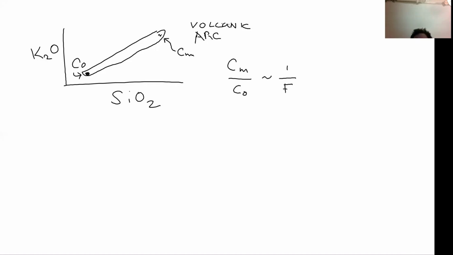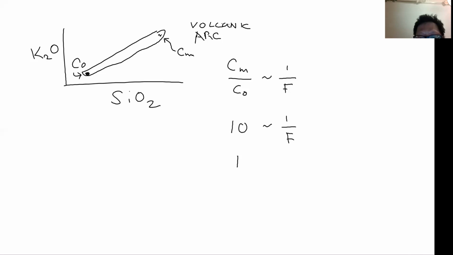We can probably calculate then how much crystallization from a parental magma is needed to give you a rhyolite, if the rhyolite is formed by such a process. And so you should check this out on your own, but if the enrichment factor from the parent to the rhyolite is about 10, right?